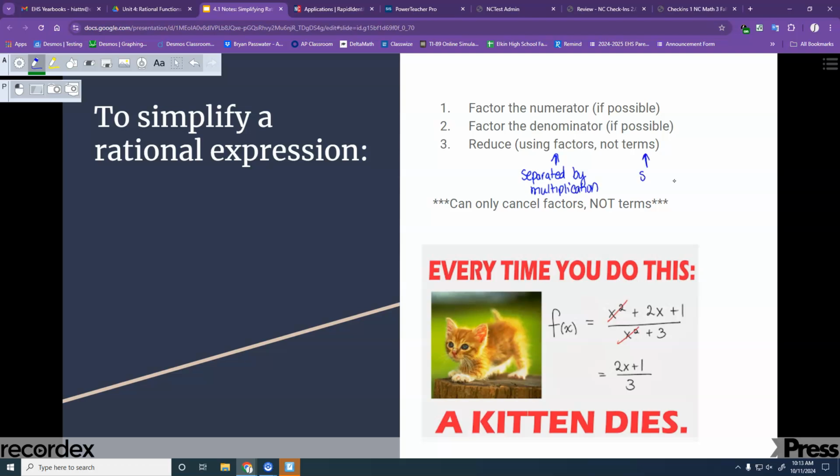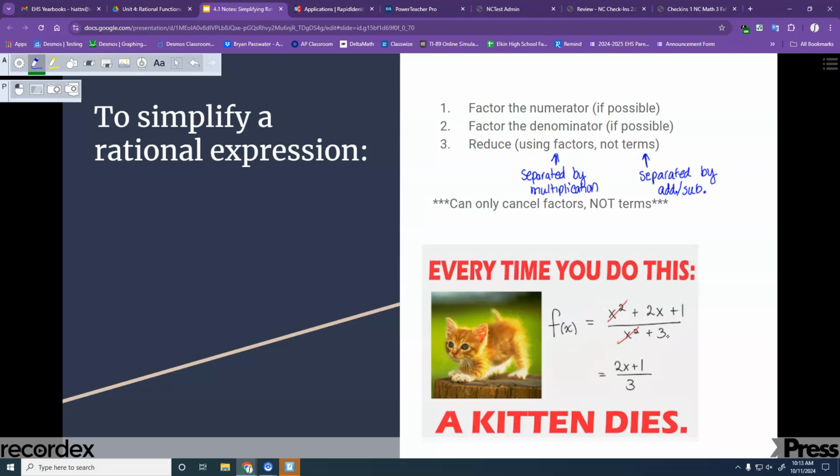Terms are separated by addition or subtraction. Okay? So, if you look at our example right here, where we've got x squared plus 2x plus 1 over x squared plus 3.